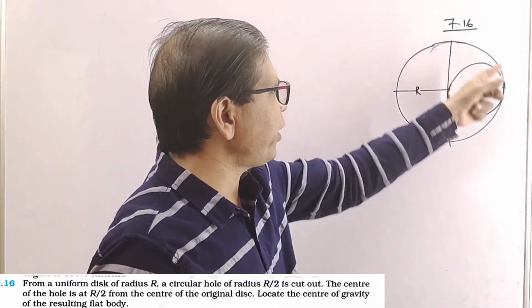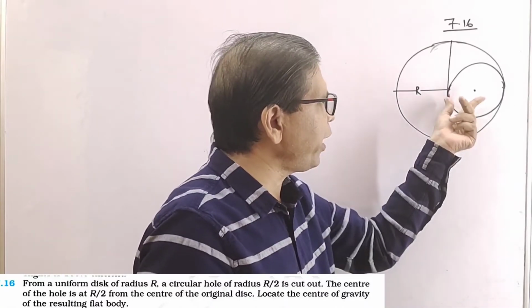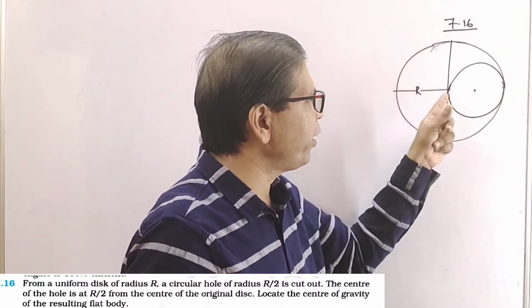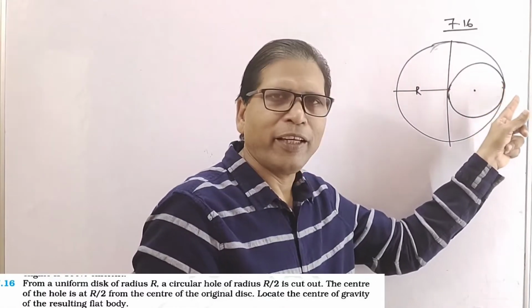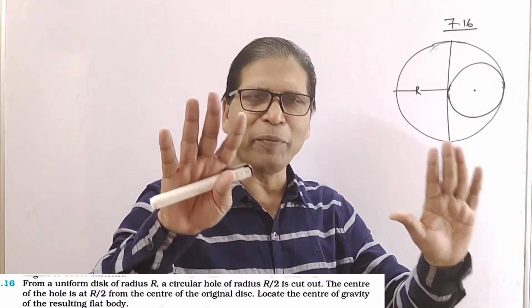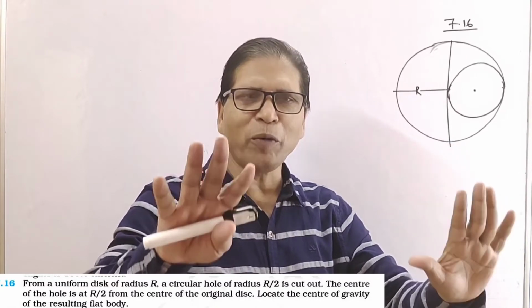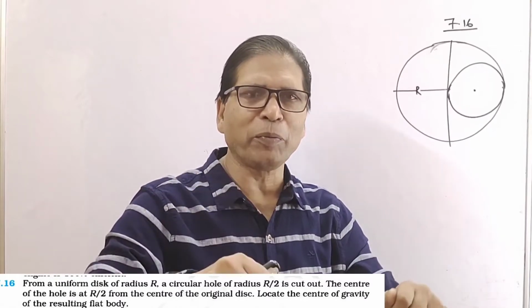Okay, now a numerical related to this. This is a disk of radius capital R. A smaller disk of radius R by 2 is cut from here such that it touches the center and periphery. We have to calculate the center of mass of the remaining portion. First of all we have to calculate the total mass and the mass of the cut portion, then the center of mass of the remaining portion.